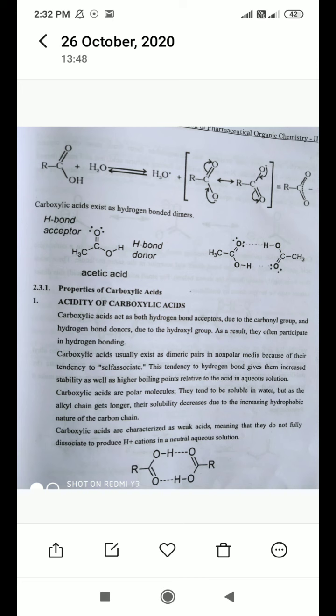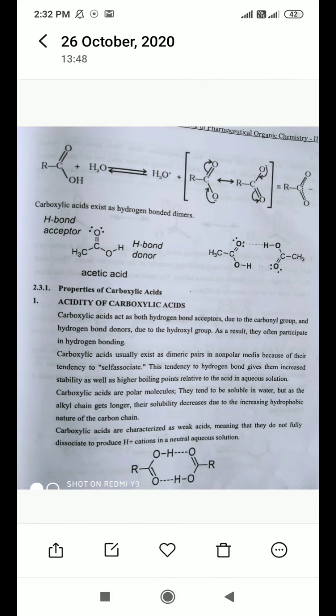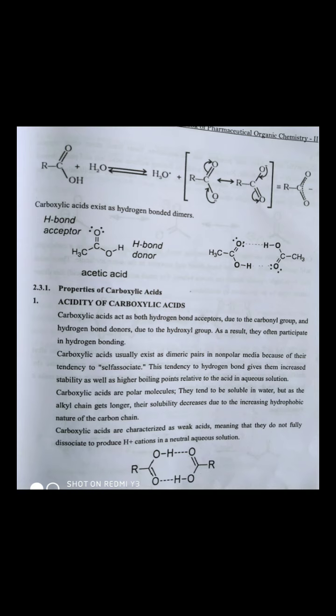So here, carboxylic acids are polar molecules. They tend to be soluble in water, but as the alkyl chain gets longer, their solubility decreases due to the increasing hydrophobic nature of the carbon chain. Carboxylic acid, for example CH3COOH, is referred to as acetic acid.